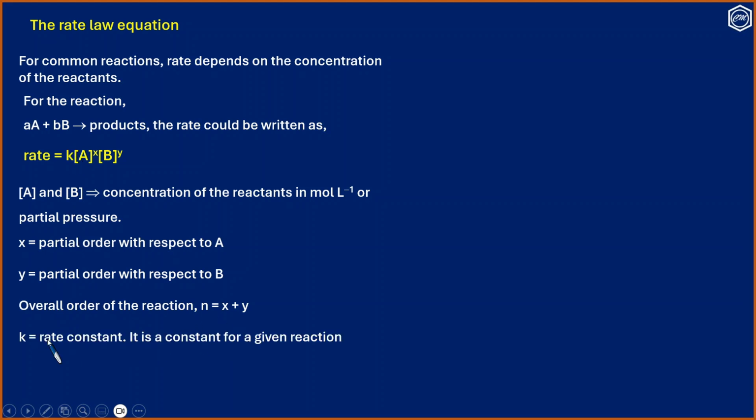The k here is the rate constant. It is a constant for a given reaction under a given set of conditions.